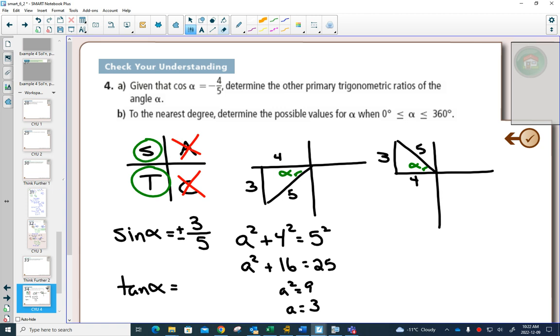And you can see that from the pictures and your CAST rule. If you go to tan, tan is opposite over adjacent. Both of those with their reference angle, the opposite side is 3, the adjacent is 4. In quadrant 3 it would be positive, but in quadrant 2 it would be negative. So tan also would be plus or minus.